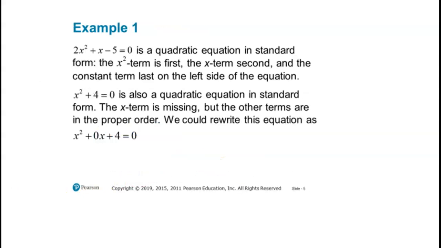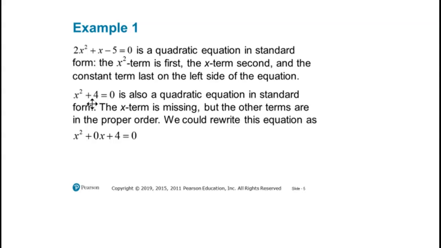Looking at this first example, 2x squared plus x minus 5 equals 0. It is a quadratic equation. It's in the standard form, and this is the way that you'll see it most of the time. Now, x squared plus 4 equals 0 is also a quadratic equation.